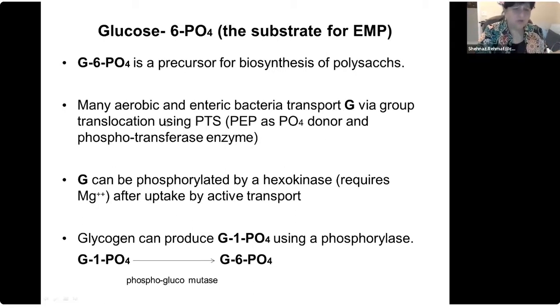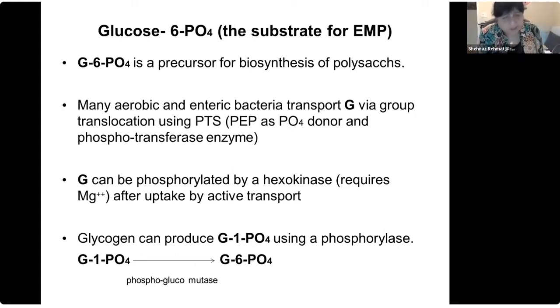Remember, we talked about group translocation. What kind of transport is this? Is it an active transport or a passive transport? Group translocation. Come on. Is it active or passive? Active. It is active because it needs a phosphate donor, right?